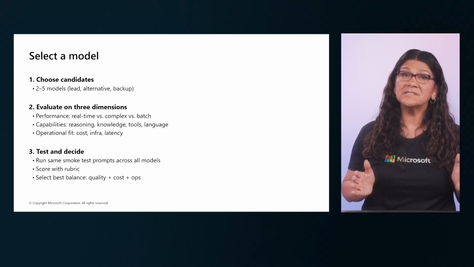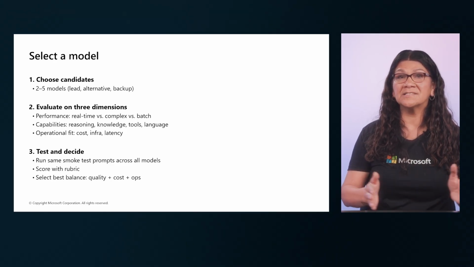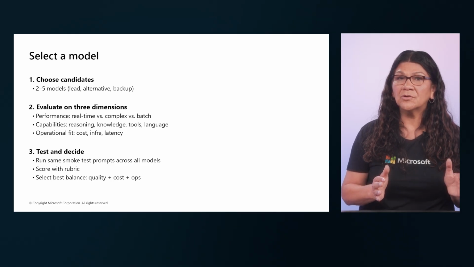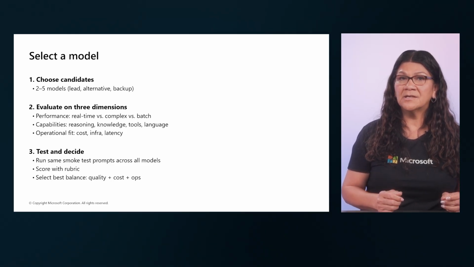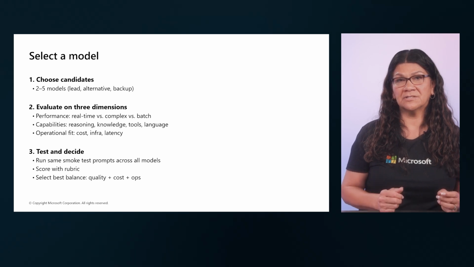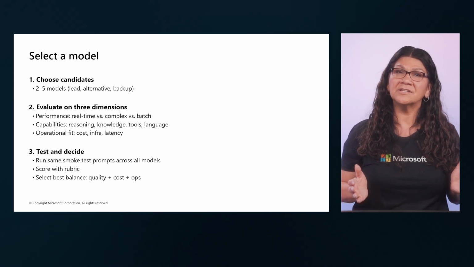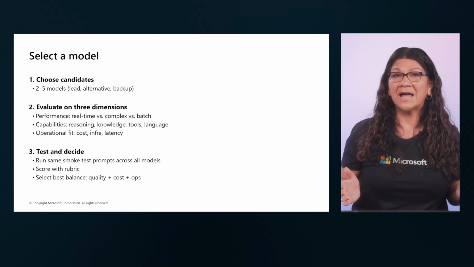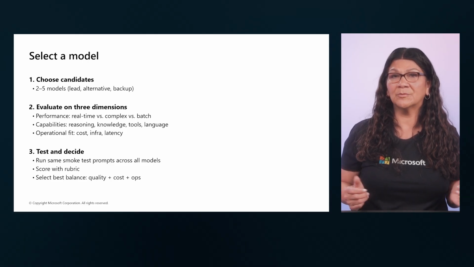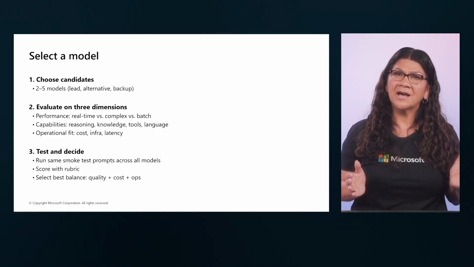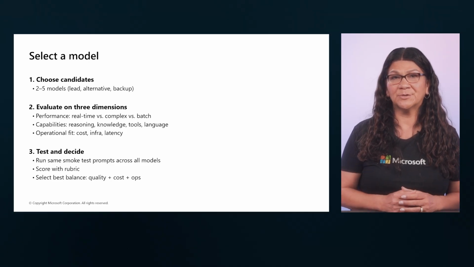Finally, run the same smoke test prompts across all the candidates and score them with a consistent rubric to compare results objectively. Select the model that achieves the best overall balance of quality, cost, and operational efficiency rather than optimizing for a single metric.